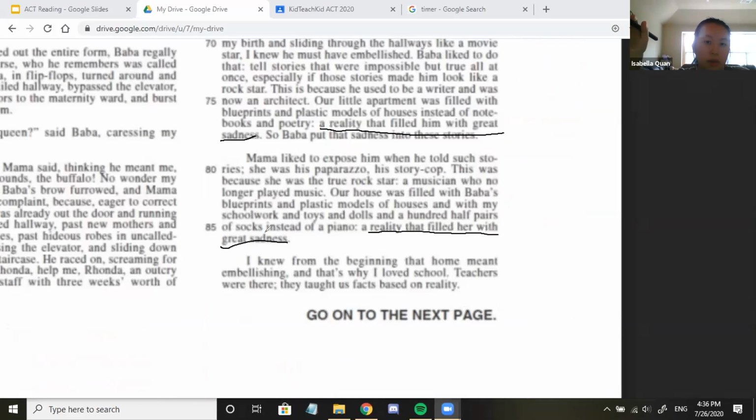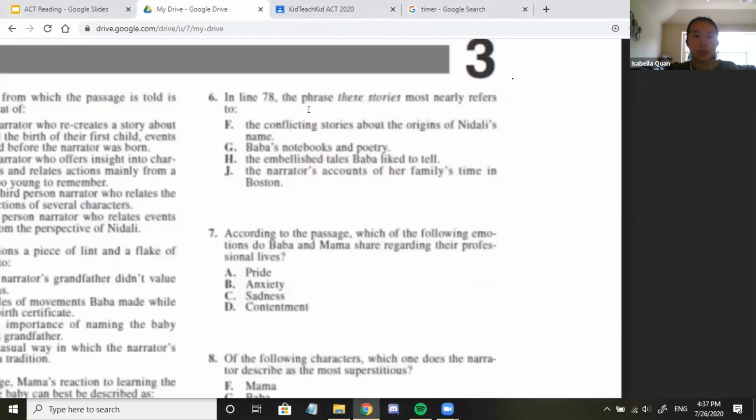The mom used to be a musician but doesn't do music anymore. I think she's a stay-at-home mom because the mom has the toys and dolls and socks. So both of the parents are very sad about this, and that quickly eliminates all of the answer choices except for the one that implies they're not anxious about anything, they're just sad. They never got to reach their dreams. Sad.